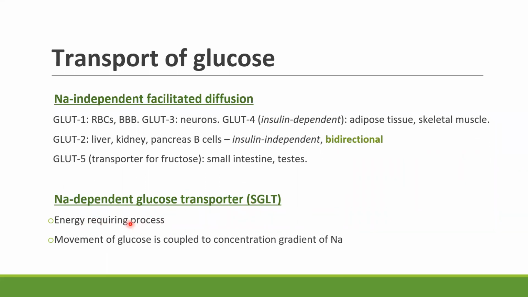We use energy in it. And the movement of the glucose is coupled to the concentration gradient of the sodium. So where the glucose moves, the sodium also moves, and you can say where the sodium moves, the glucose also moves.